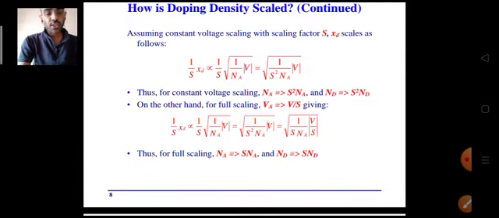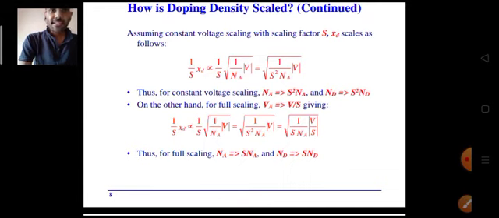If you scale down the device keeping constant voltage scaling, you have to scale the doping concentration of the new device by a factor of s square.